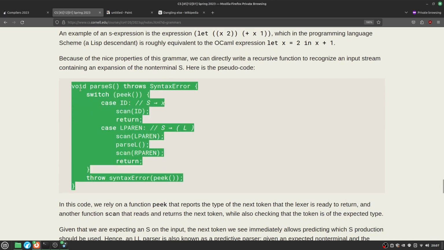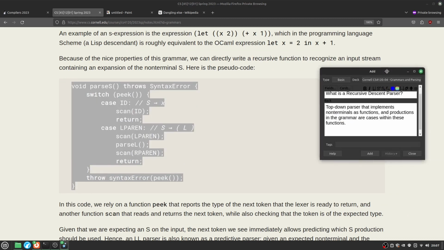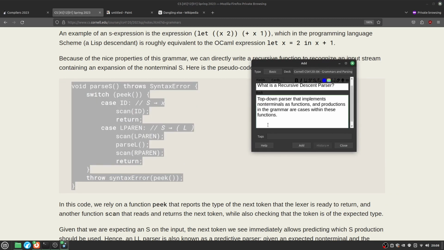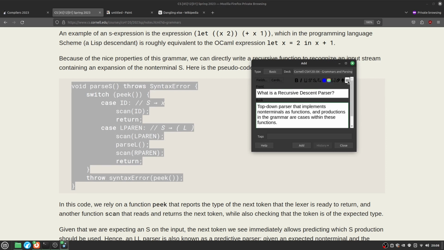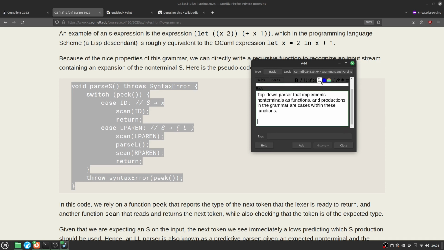Not expecting myself to remember this, but I'm going to... that's terrible. How do I do source mode?